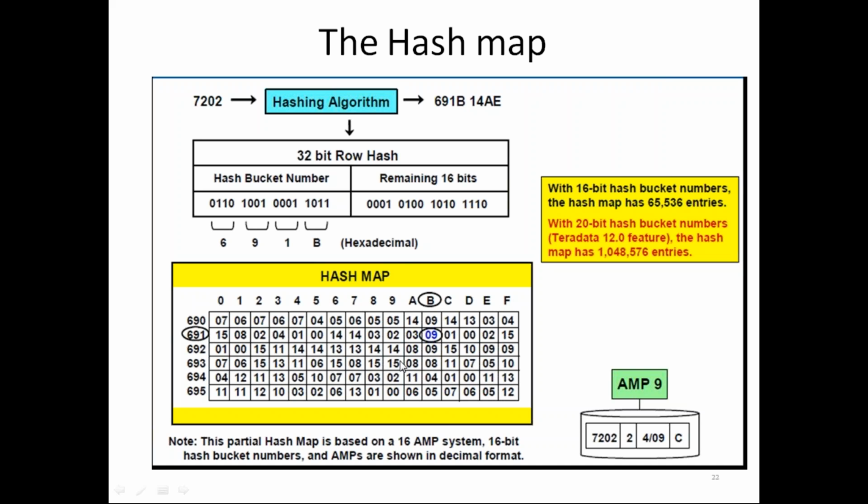Because of the 32 AMPs, you may now get values up to 31 in some of the hash buckets, so the new AMPs will also be determined to store some data. So that means the data will redistribute. Yes, data on AMP9 may go to AMP10 or any other AMP. As per the new hash map table, when you reboot the system after the upgrade, it may redistribute the same row which is now in AMP9 to some other AMP. Okay, sure, thanks. No problem.